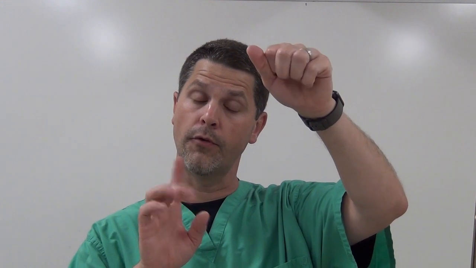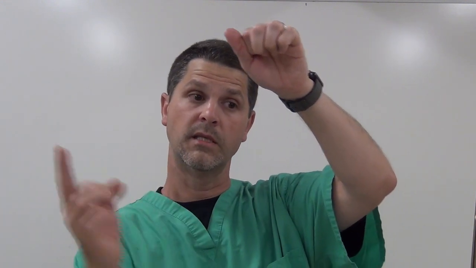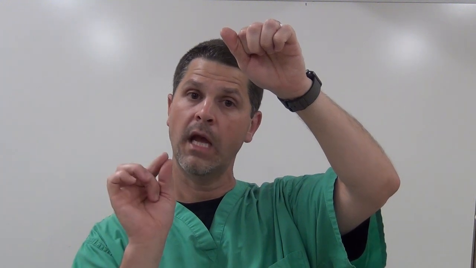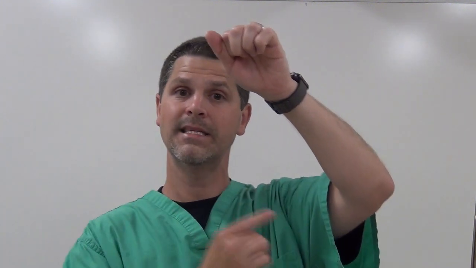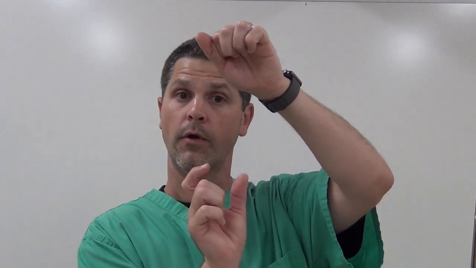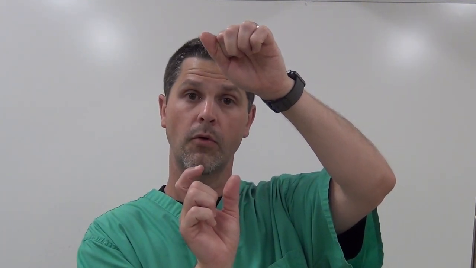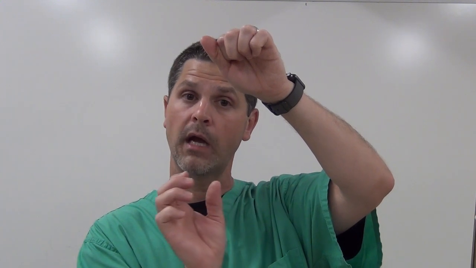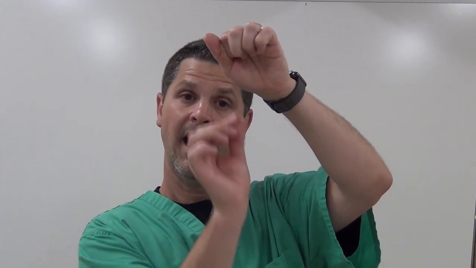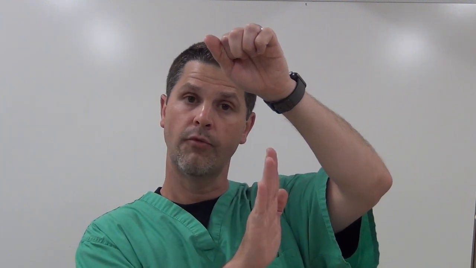The way to think about that is the dura is the outside of the bag. The arachnoid layer is the very inside of the bag. The space between the bag and where the brain and spinal cord are, that's your subarachnoid space, right? And then the pia is attached directly to the brain and spinal cord.